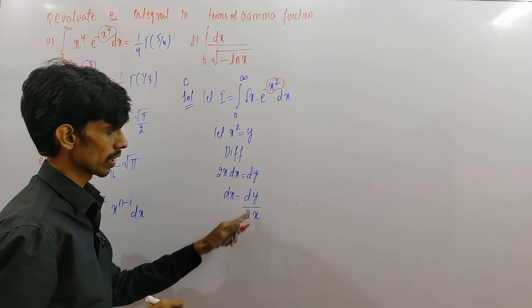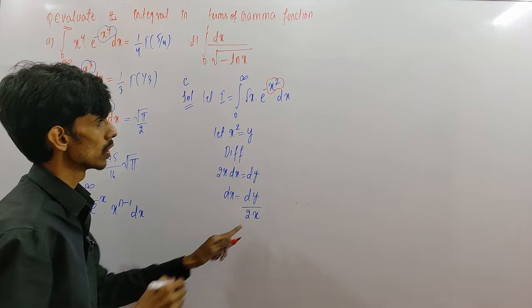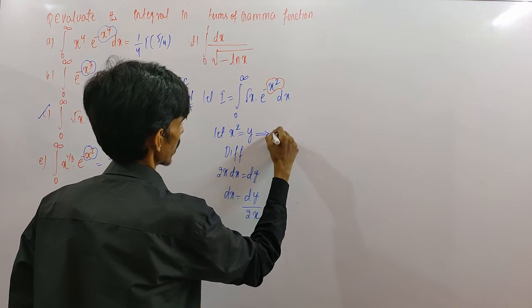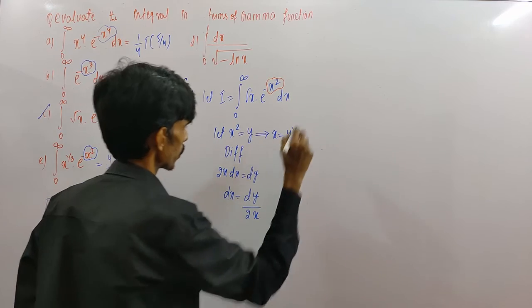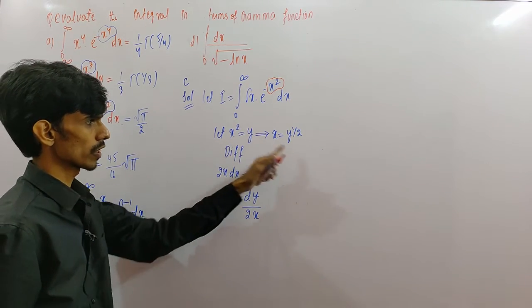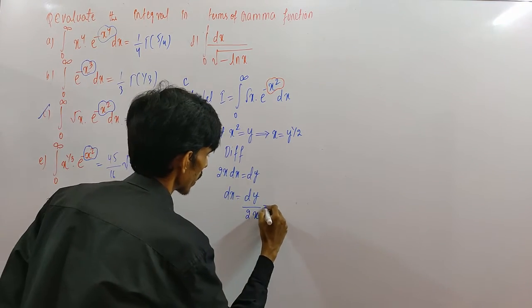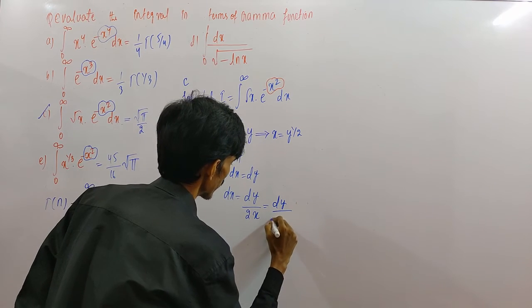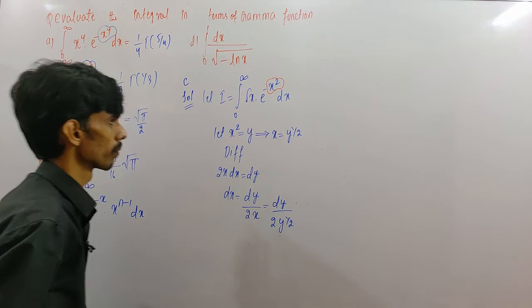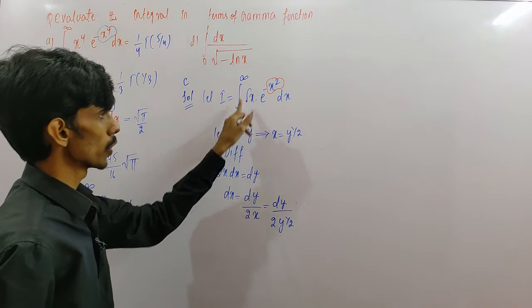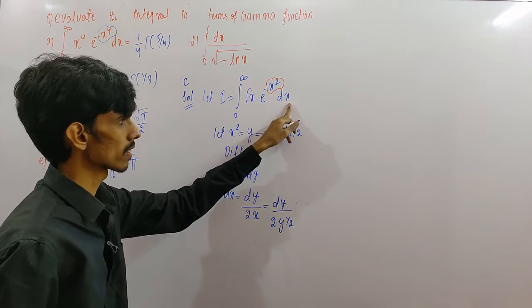I want this complete term in terms of y. So from this the value of x will be y to the power of 1 by 2. So this will become dy divided by 2 y to the power of 1 by 2. Now this limit 0 to infinity is defined for x.